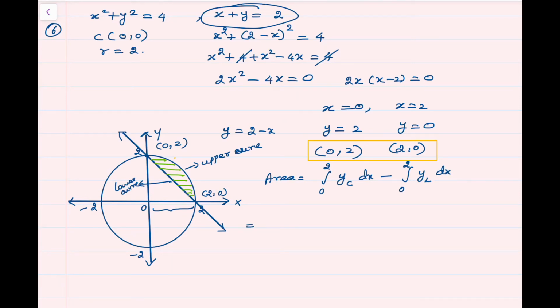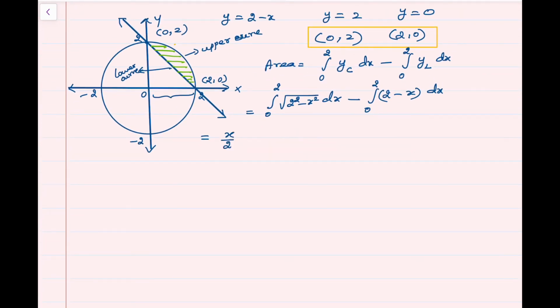Let us substitute integral 0 to 2 of y from the circle equation, which is square root of 4 minus x square, which is 2 square minus x square dx, minus integral 0 to 2 of y from the line equation, which is 2 minus x dx, x by 2 root of a square minus x square plus a square by 2 sine inverse of x by a. Let us write the limits.